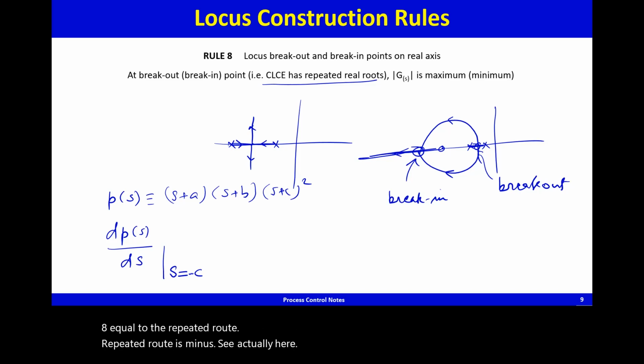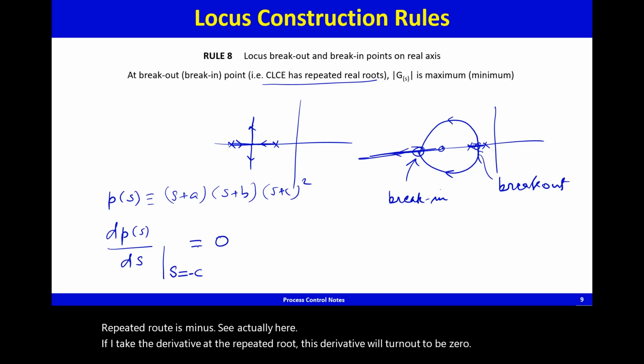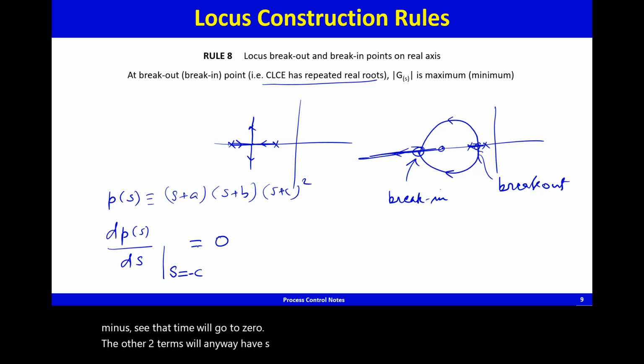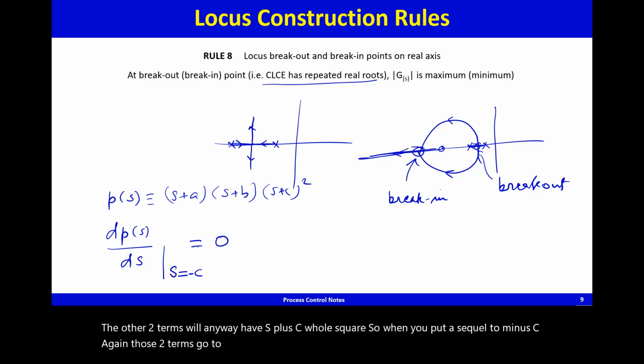If I take the derivative at the repeated root, this derivative will turn out to be 0. Because the derivative of S plus C whole square will be 2 times S plus C. When you put S equal to minus C, that term will go to 0. The other two terms will anyway have S plus C whole square, so when you put S equal to minus C, those two terms go to 0 as well.